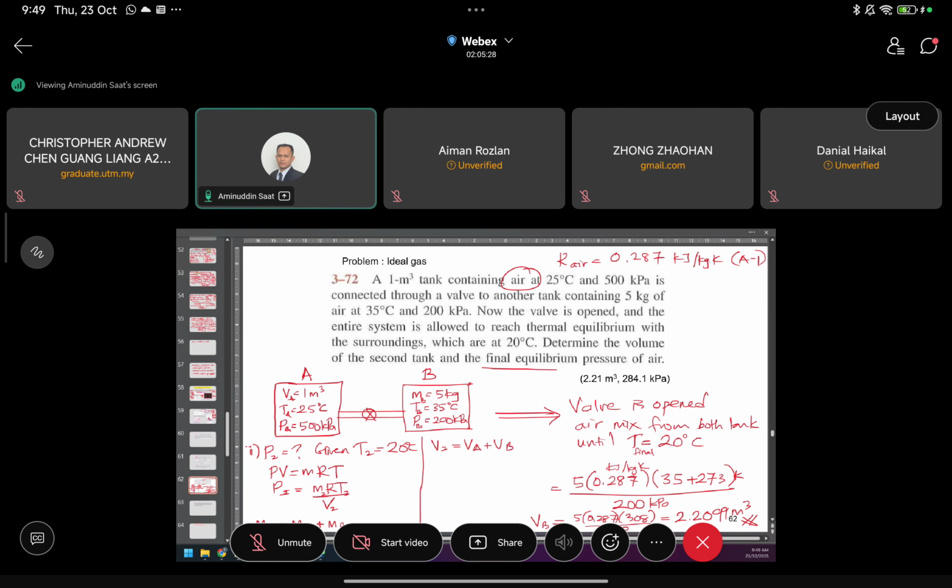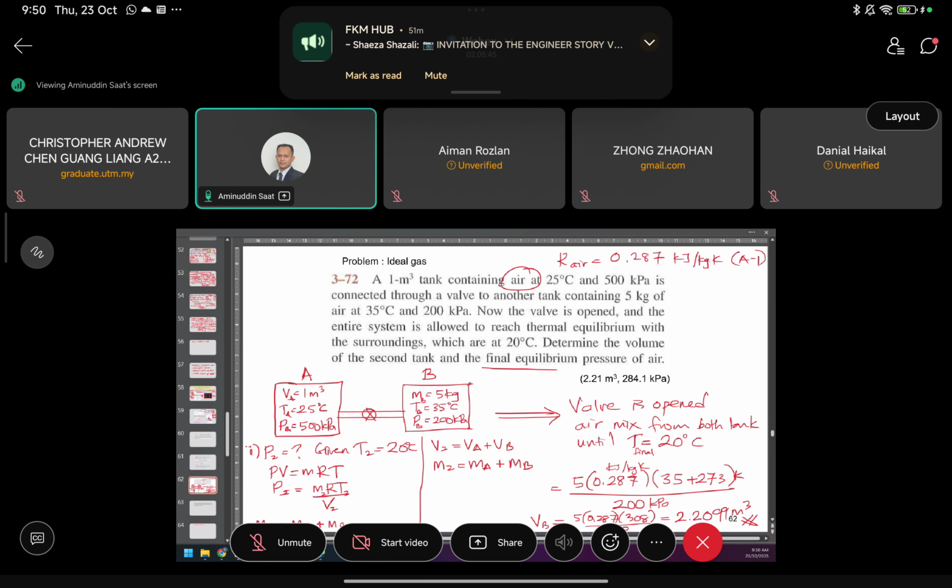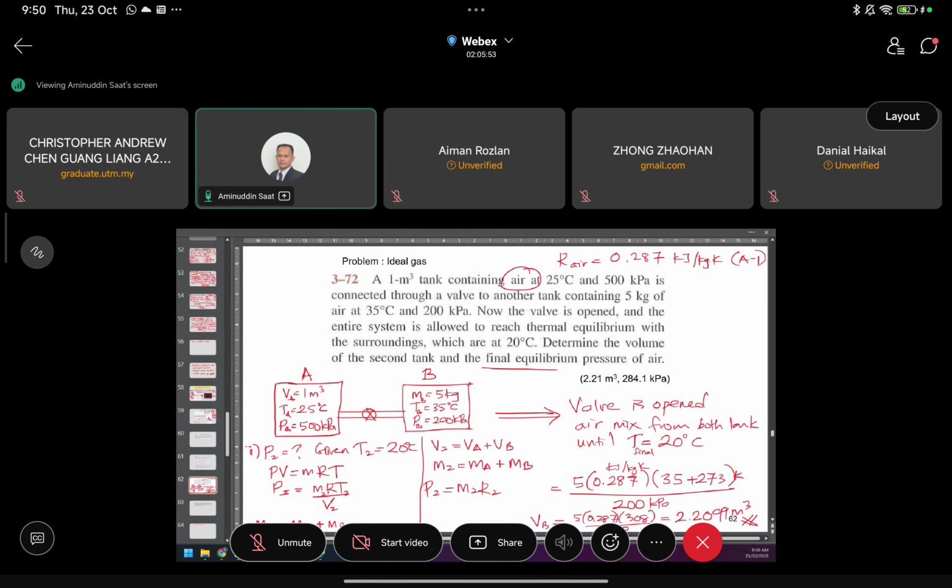You already calculated VB and VA is there. mB is given, so you need to find mA from the ideal gas equation for A only. Next you find P2 by m2 RA T2 divided by V2, R being the same. By right, you should get the value of 284.1 kilopascal.